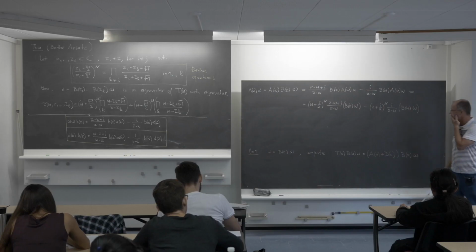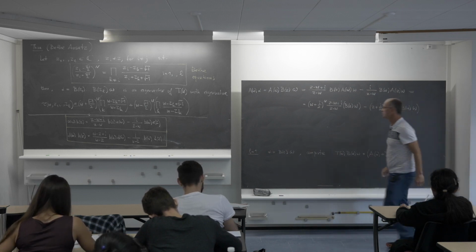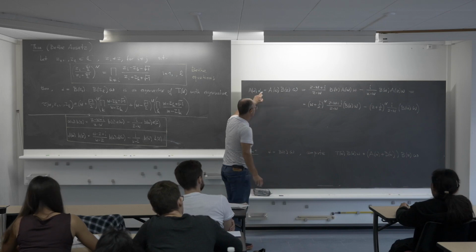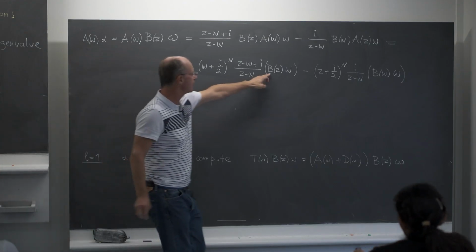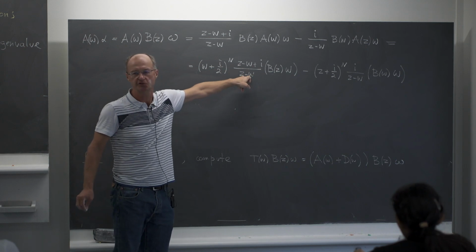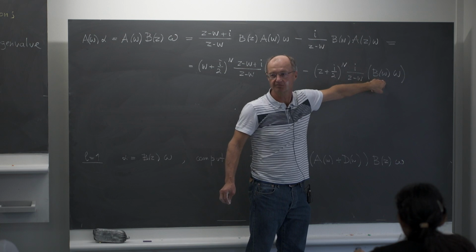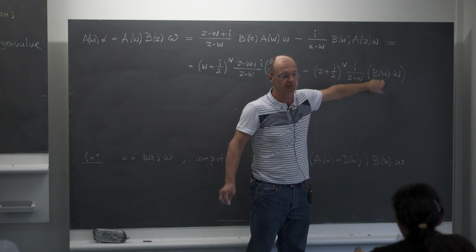Now, you see, at the moment it doesn't look very good, to be honest. Because we are acting by our operator on the vector, we do get our vector back with some horrible coefficient. So that's good. But now we also get some other vector. It doesn't look so good.